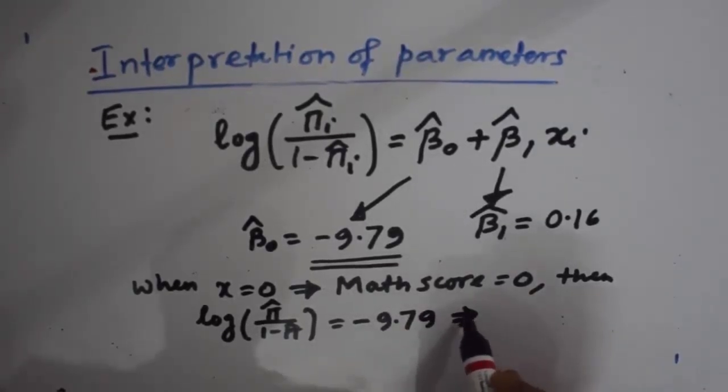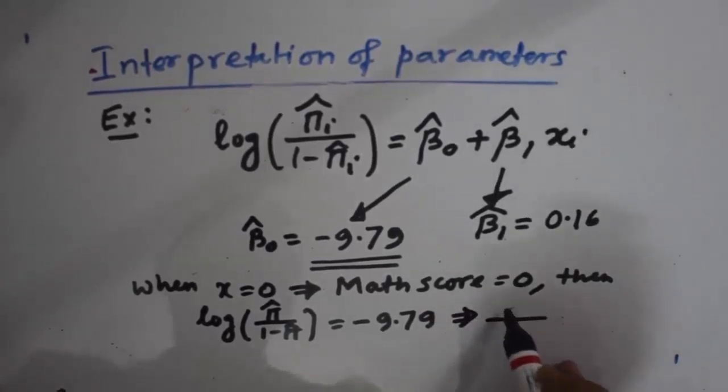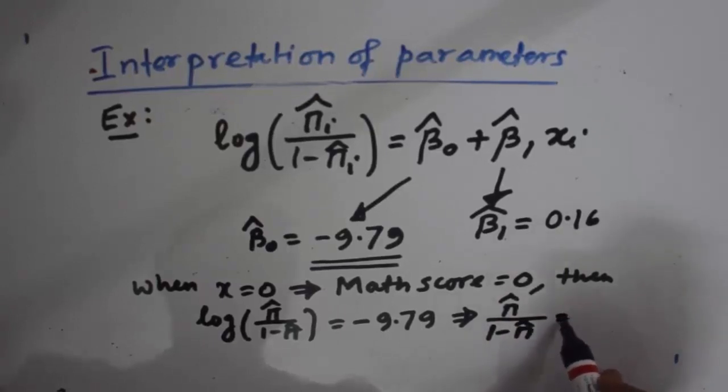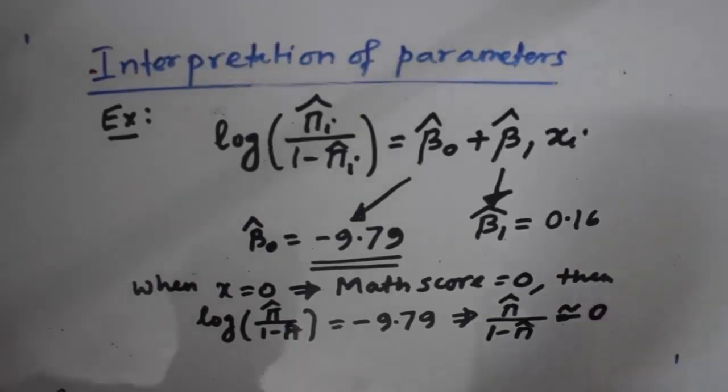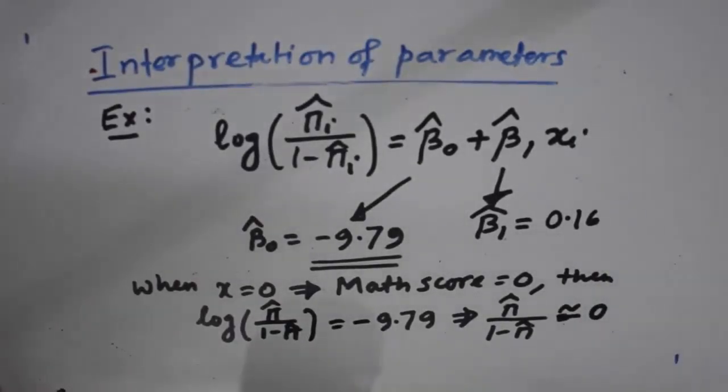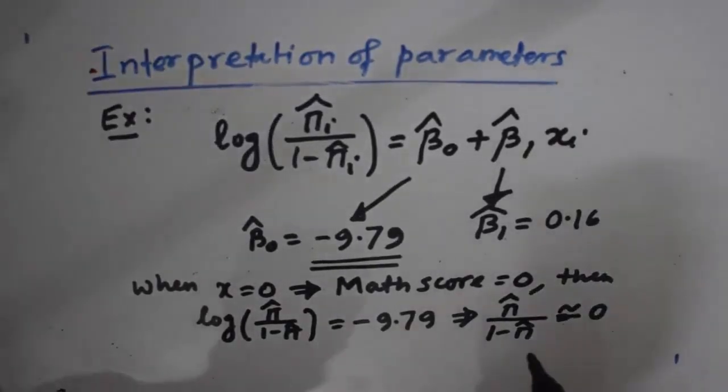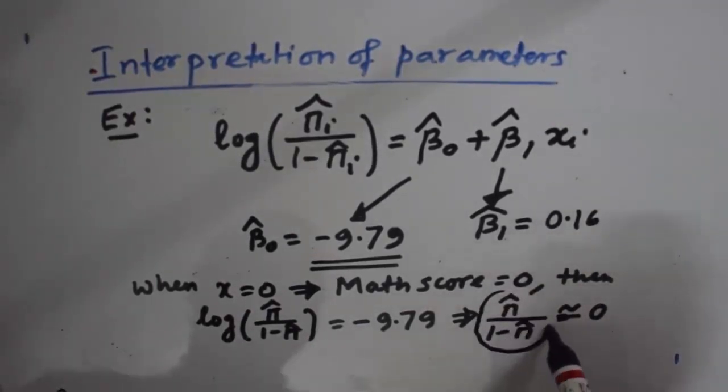So pi hat over 1 minus pi hat is approximately 0. So these odds are very low.